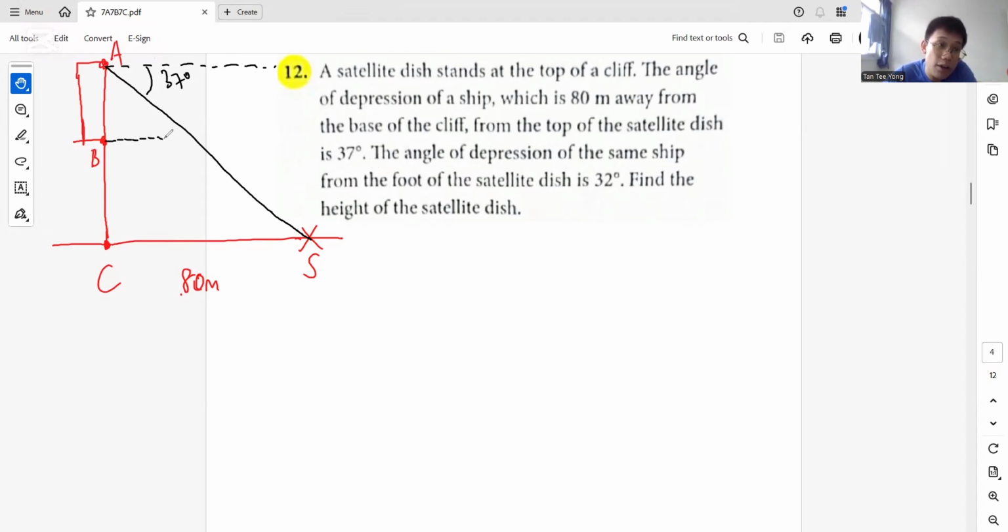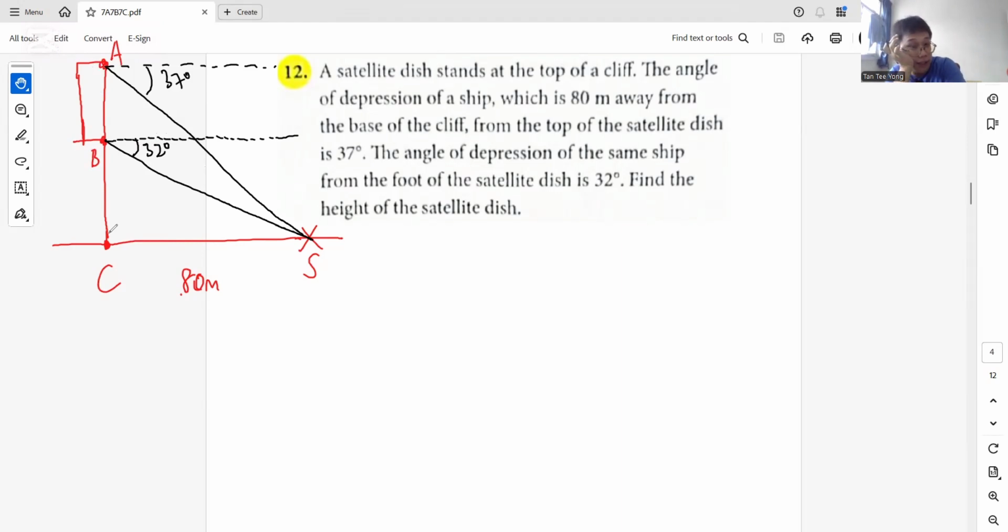Same thing, horizontal line, and draw a line downwards to S. This part is 32 degrees. Lastly, they want us to find the height of the satellite dish, which is AB.